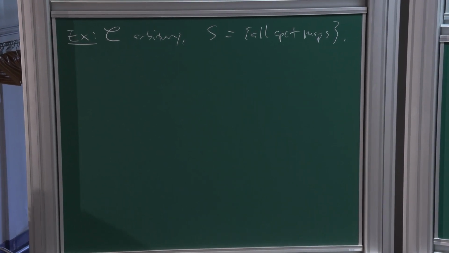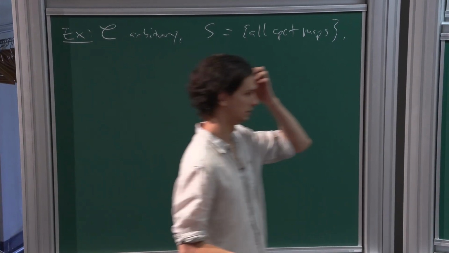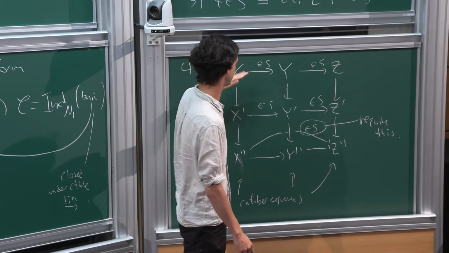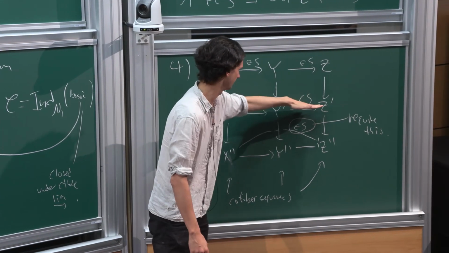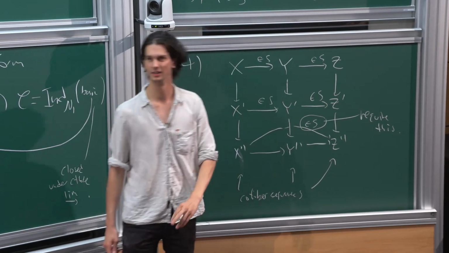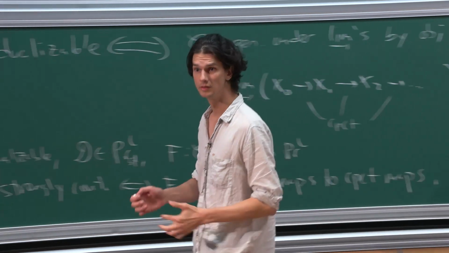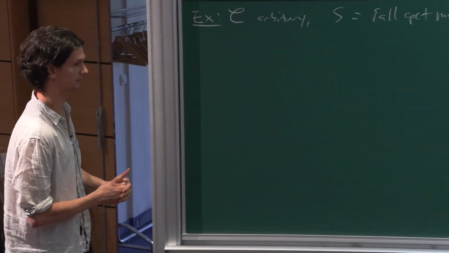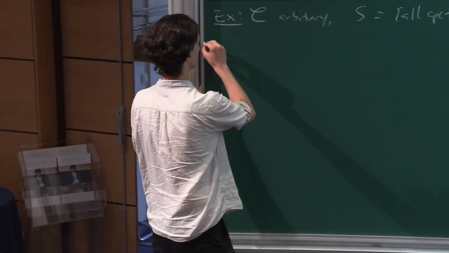So here x, y, z are just any maps in S. These are the only hypotheses, that the horizontal maps here are in S. Yeah, I mean all of them individually. Okay, and we'll do more examples in a sec.